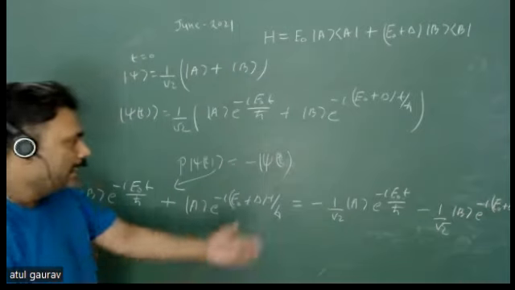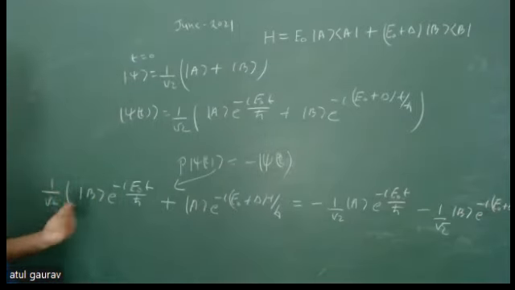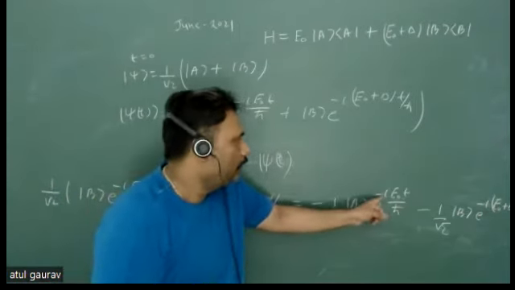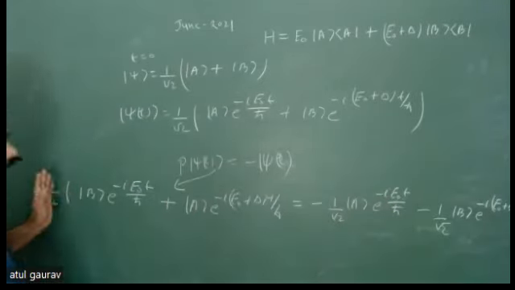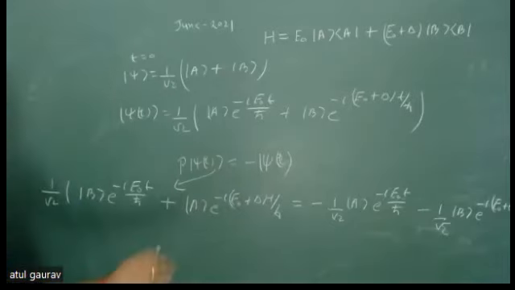What I can do is take e to the power minus i E0 t upon h cut common, such that both will cancel out, and the 1 by root 2 is also not relevant.